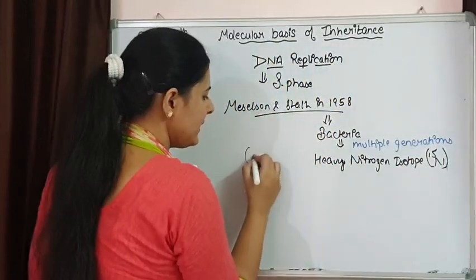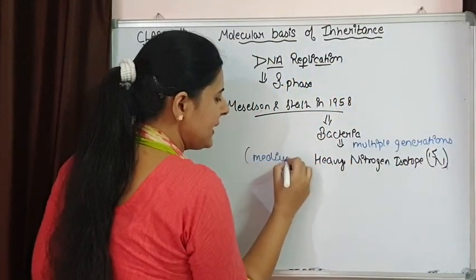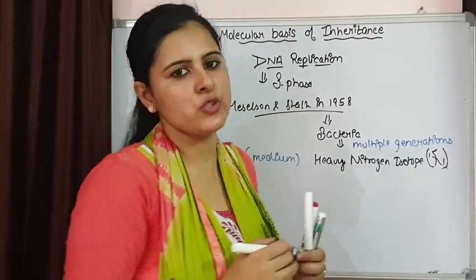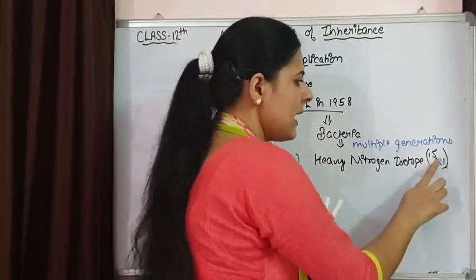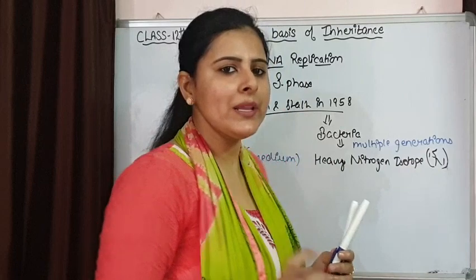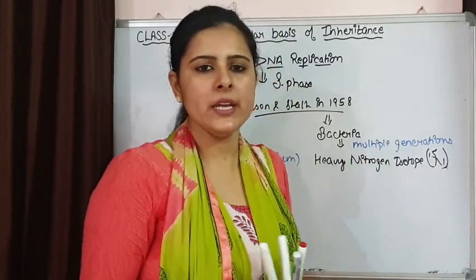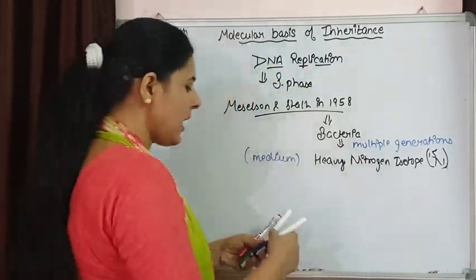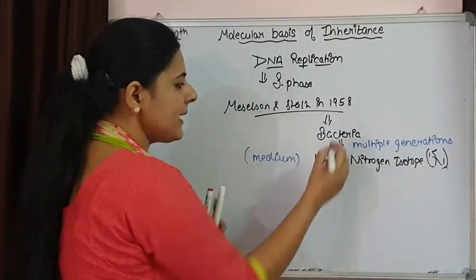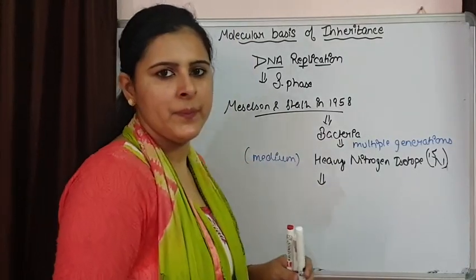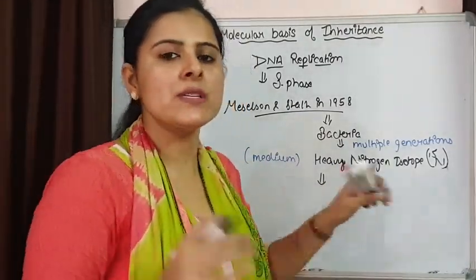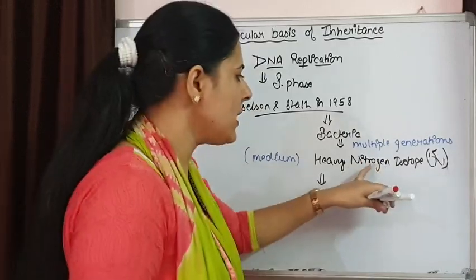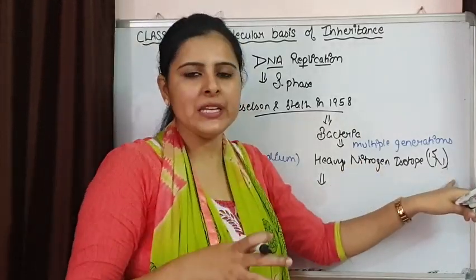When they recovered this bacteria from the medium, they found that it had DNA that was heavier because of the accumulation of N15 inside the DNA.